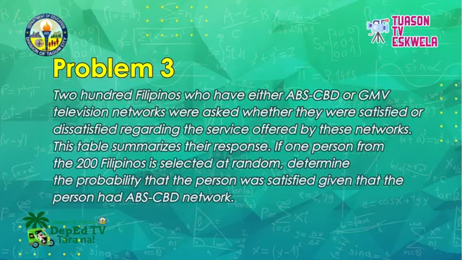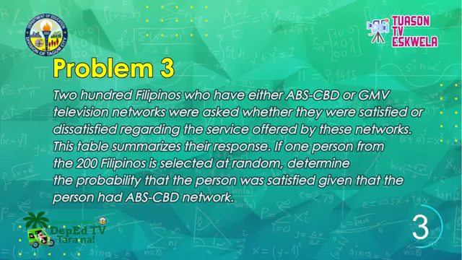If one person from the 200 Filipinos is selected at random, determine the probability that the person was satisfied, given that the person had ABS-CBN network. Your 15 seconds start now. Time is up! The correct answer is 14 over 19 or 73.7%.